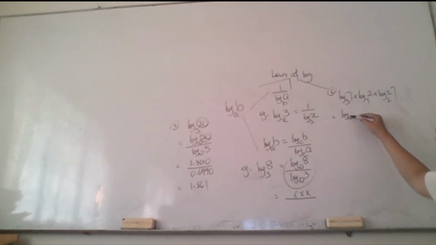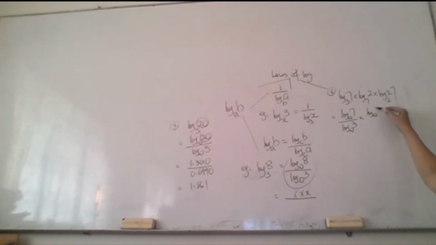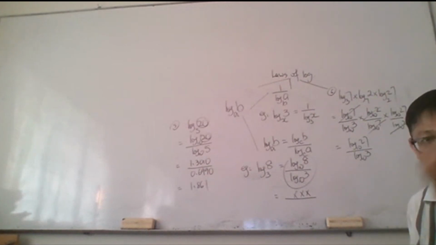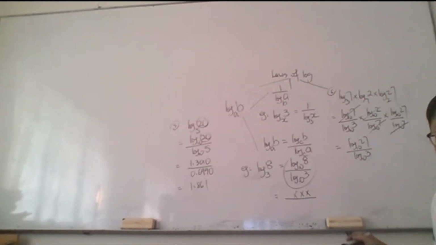So log_10 7 over log_10 3 times log_10 2 over log_10 7 times log_10 27 over log_10 2. So the 2 and 2 cancel off. Oh sorry, this is 27. The 7 cancels off. So log_10 27 over log_10 3. So that's an option for you. Either you press your calculator, or if you don't want to, you can use this.